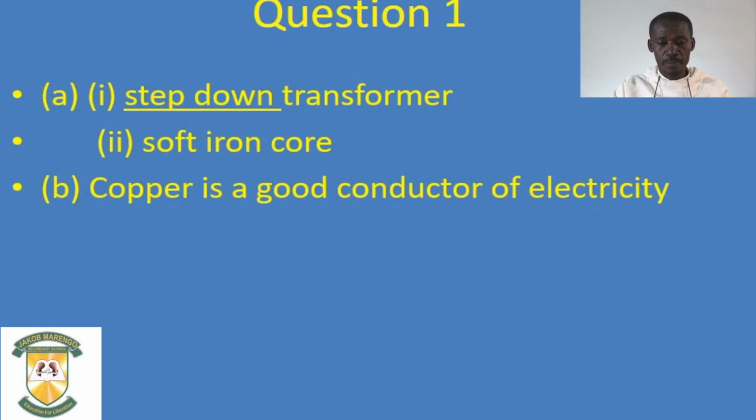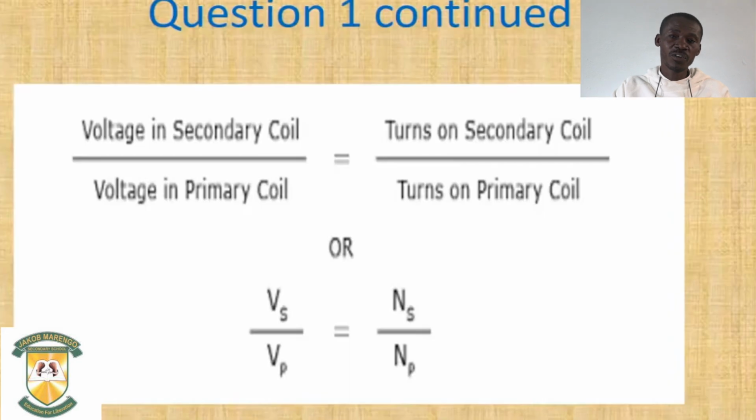As we all know, voltage in the secondary coil divided by voltage in the primary coil is equal to the number of turns in the secondary coil divided by the number of turns in the primary coil. In symbols, Vs over Vp is equal to Ns over Np.